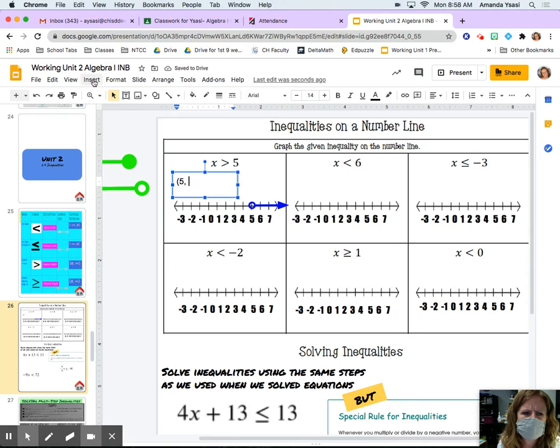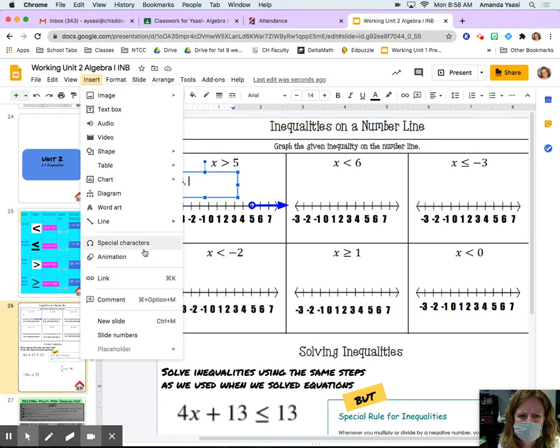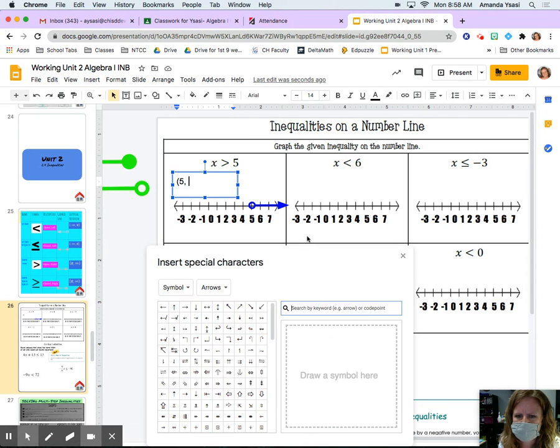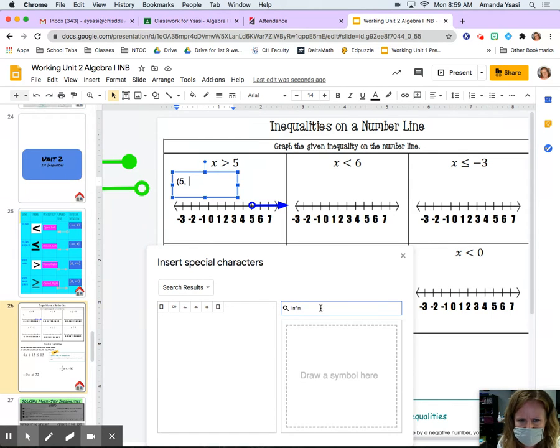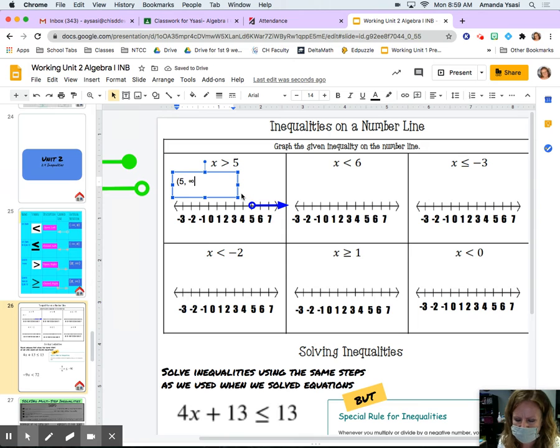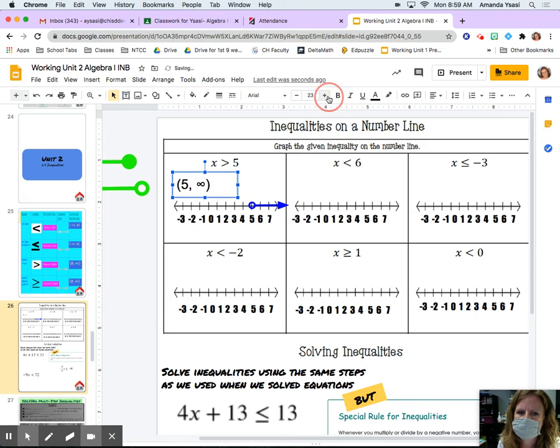See if we can do a symbol. Let me see if there's a symbol. Special characters. I'm going to see if there's an infinity. Oh, there is. Go to insert special characters, and you can actually insert the infinity sign. Just search infinity. Where do you do insert?